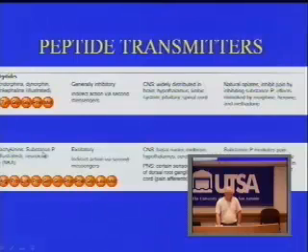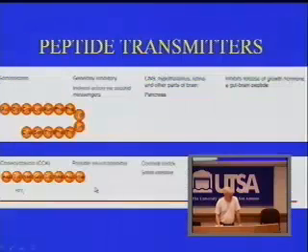The tachykinins include substance P. We've talked about substance P. It's a prime example of a peptide neurotransmitter from Chapter 12. 1, 2, 3, 4, 5, 6, 7, 8, 9, 10, 11. And decapeptide, is that what it would be? So 11 amino acid residues, so it's a rather large molecule.